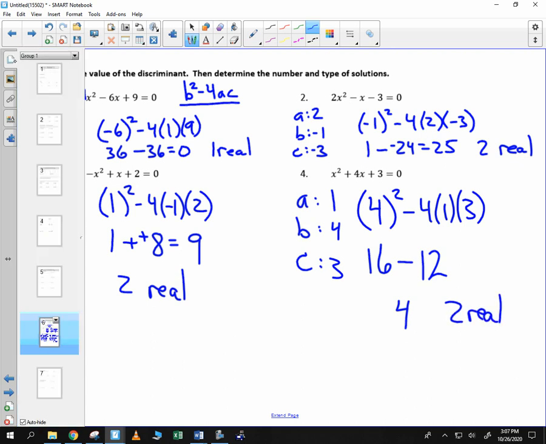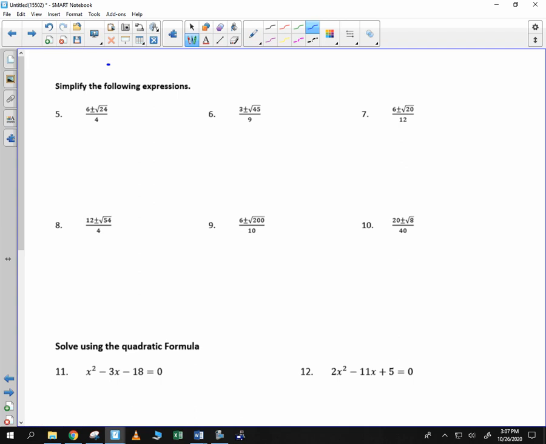Now that you understand the discriminant, let's work on simplifying our radicals that we get as a result. Sometimes you'll come up with expressions from your quadratic formula that end up like this. We're going to simplify this to 6 plus or minus the square root of 24, which can be simplified to square root of 4 times the square root of 6 all over 4.